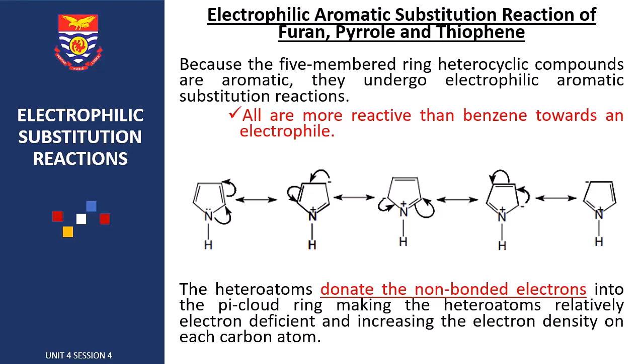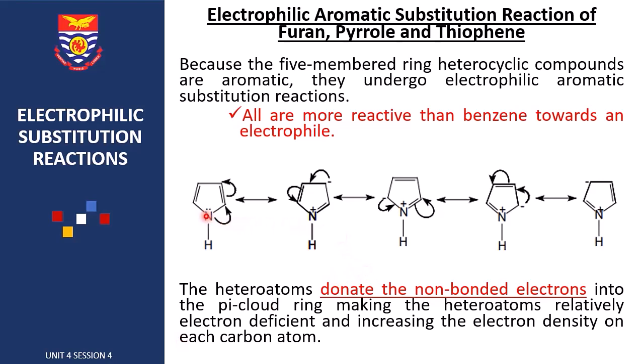And the reason is the fact that the heteroatoms are able to easily donate their unshared pair of electrons into the pi cloud of the ring, making the heteroatom relatively electron deficient and increasing the electron density on each of the carbon atoms.